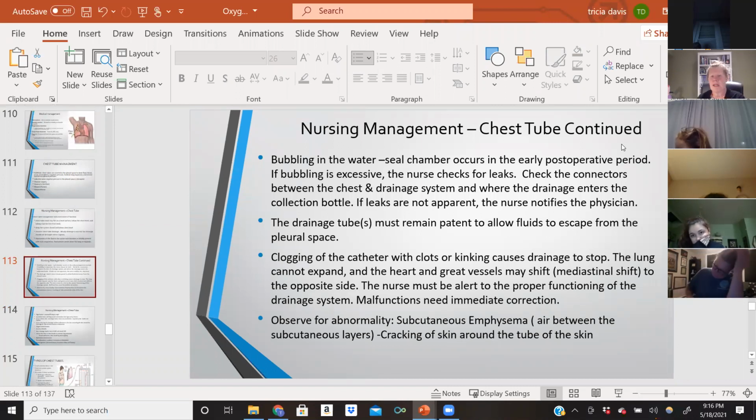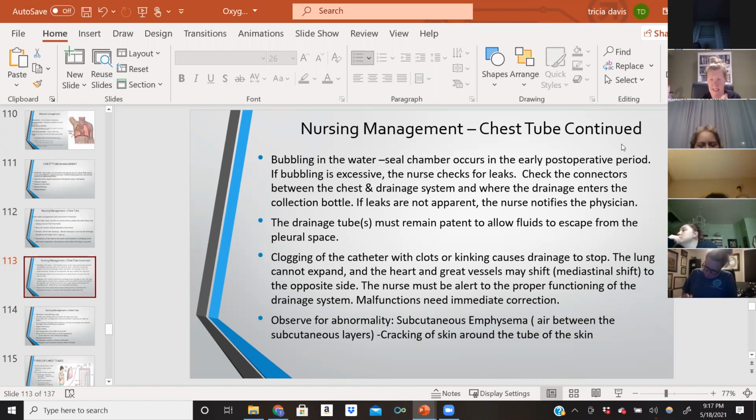When we see bubbling in the water seal chamber, we see this very, very early in the postoperative period. If it is excessive, because it should stop after we initially put it in, the nurse is going to check for leaks. You check all the connectors between the chest and that drainage system, where the drain enters the bottle, and your suction tubing if it's hooked to suction.